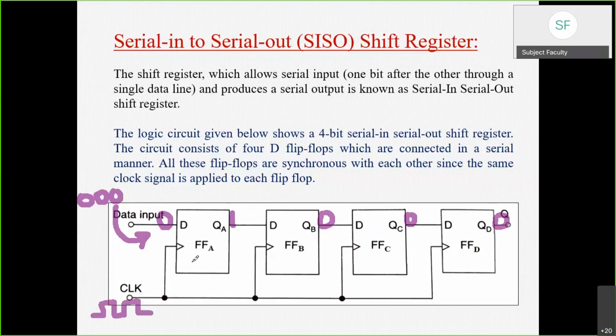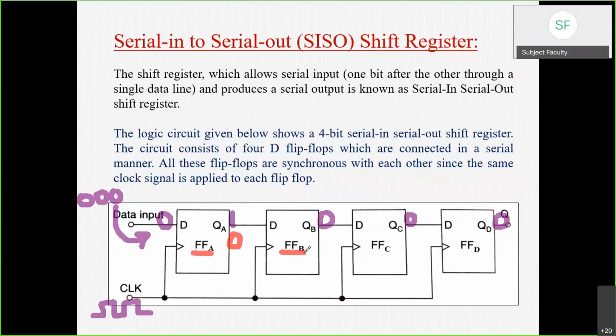Again, you have to observe each flip-flop and its input, and depending on the input, the output will change. I am denoting it with red. After the application of the second clock pulse, if you observe flip-flop A, the input of flip-flop A is 0, so the output will become 0.